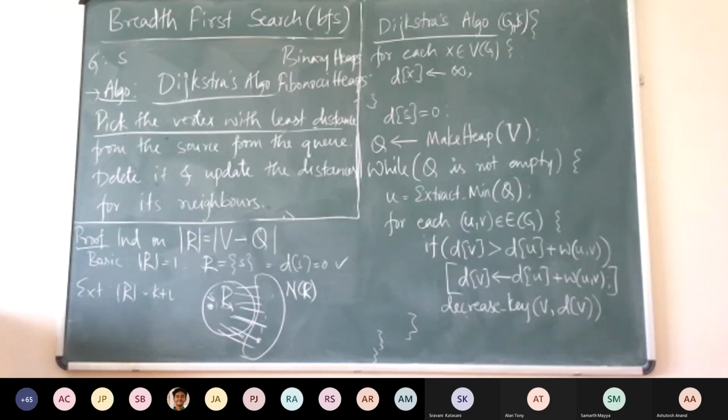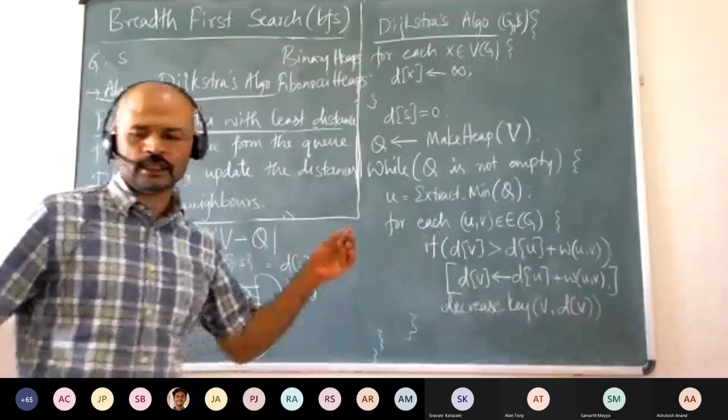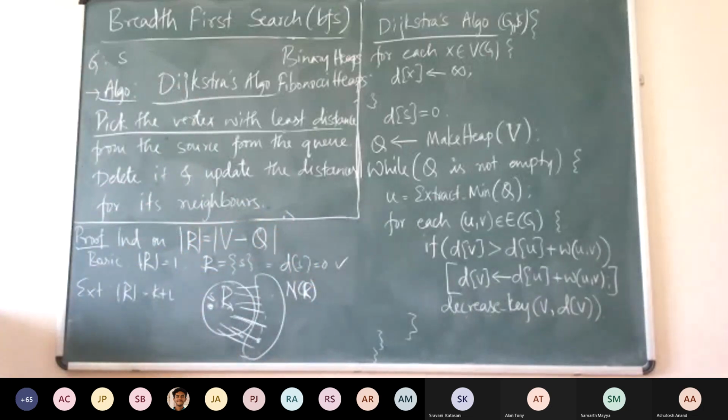R is a subset here. The neighborhood of R is basically all those vertices which are adjacent to one of the vertices in R. I think we might have seen this in discrete math. So you guys agree, right?